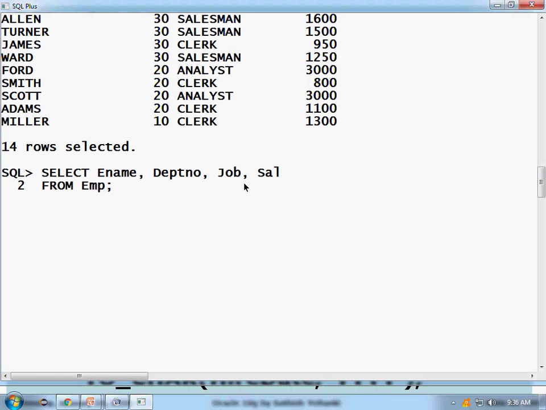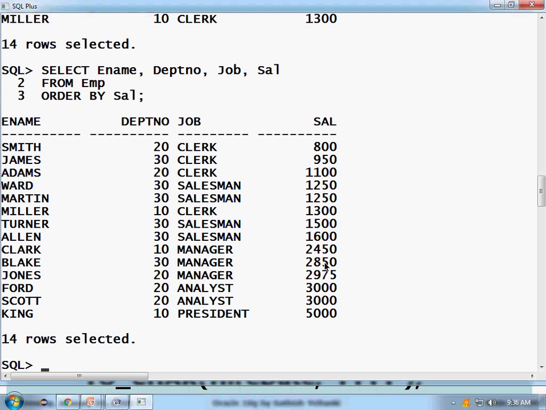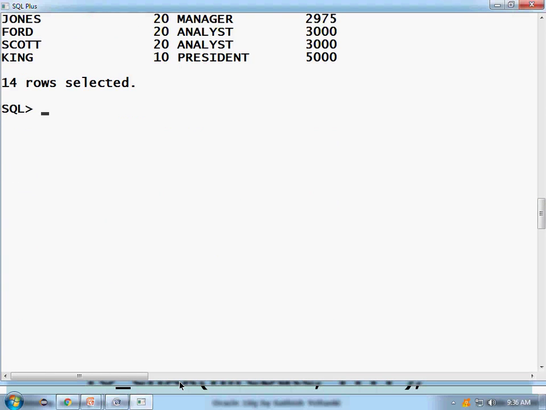Now, I am saying from EMP, order by, I said salary. Any error? It gets executed. So salary is the column on which the data is ordered. Now, I am writing the same query once again, selecting those 4 columns from the table called EMP. Now I am saying order by employee number.